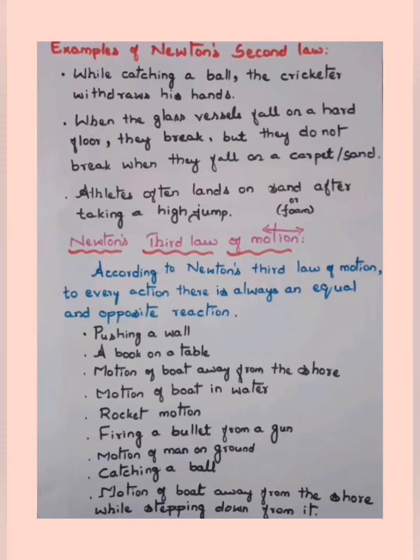A book on a table. When a book is placed on the tabletop, the book exerts a force downward equal to the weight of this book. Okay, it exactly applies here.